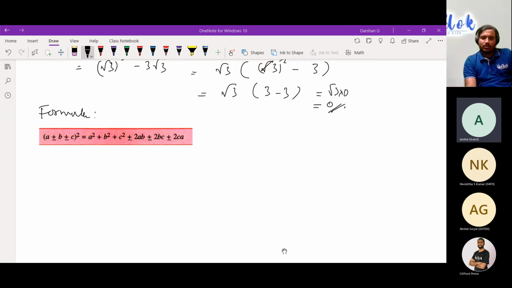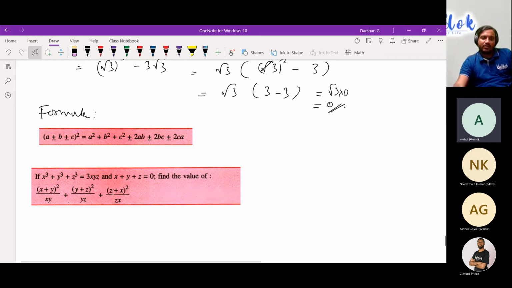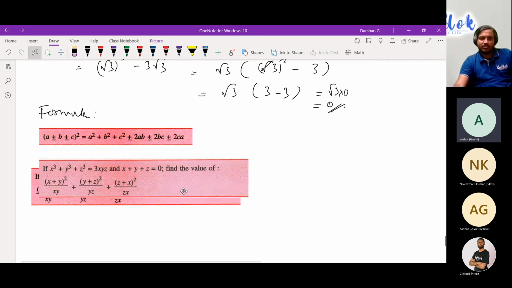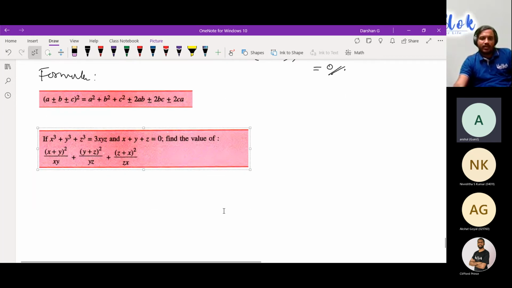Okay, so let us do a question using expansion. So we have to use expansions and try and do a question. There is all probability that you might get these kind of questions in your exam. No problem is done on this because they'll just give the values of a plus b plus c. You have to just put it in the equation. That's it. Okay, come on.